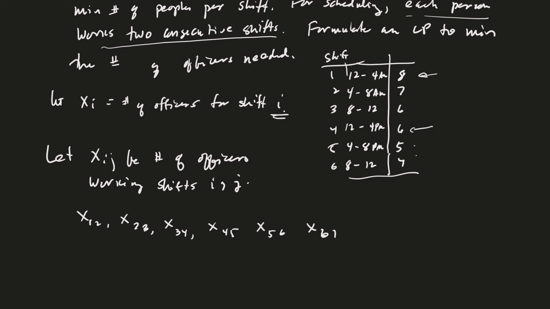Good. So then you can see here, for shift 1, we have x12 working and x61 working. And then shift 2, we have x23 working and any others, x12. I should have put 12 first. And so on.